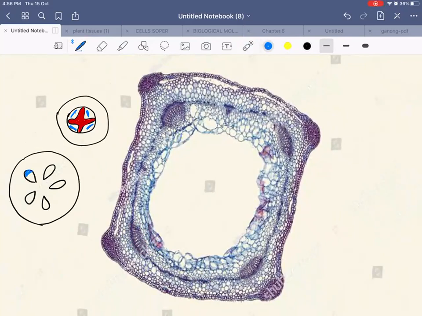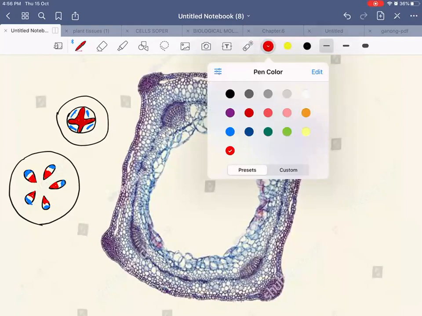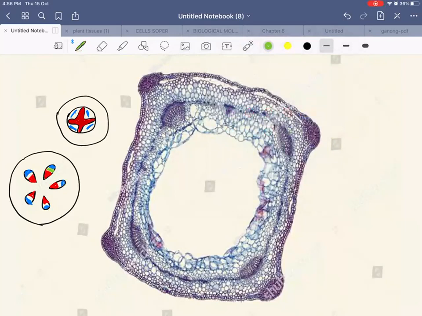This outer part is your phloem, okay? And the central part is your xylem, okay? And let me use another color, let's say green. This part is your cambium.